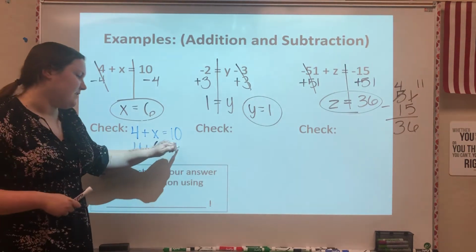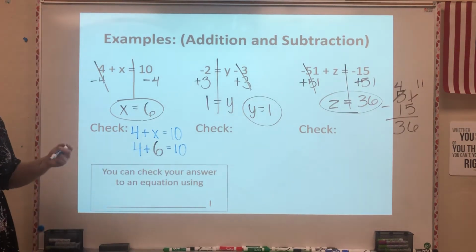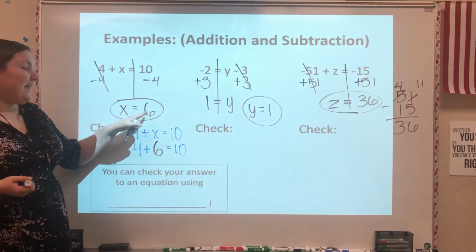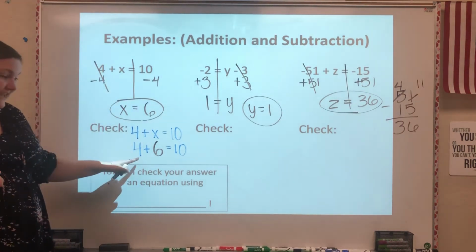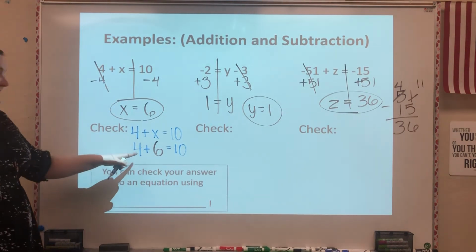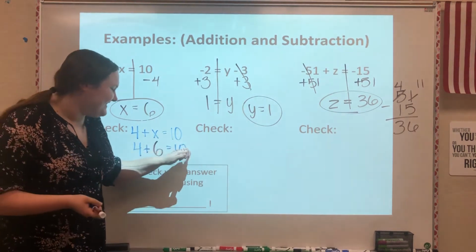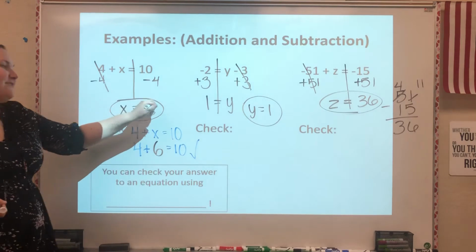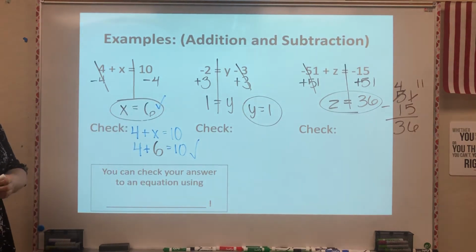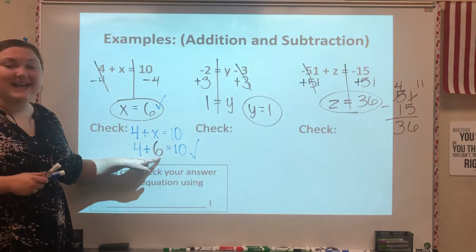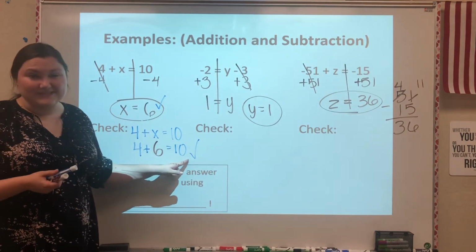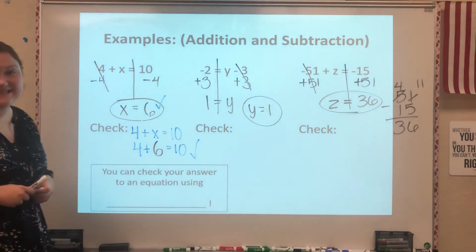It's still going to say equals 10. And all I want to do is check to make sure when I put my answer for x, it gives me something that's true. So I'm going to check and see, well, is 4 plus 6 equal to 10? Why, yes. Yes, it is. That means I have found that correct missing number. There's only one number you can replace x with, so that this equals 10, and that one number is 6.